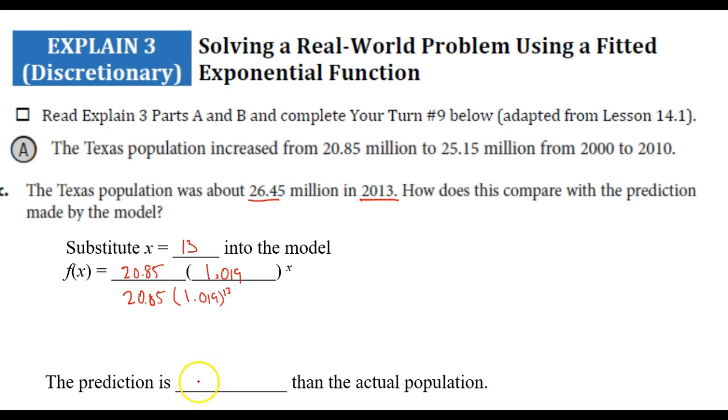And we would find that it would be about 26.63 million people here. So our prediction is a little off. In fact, let's go ahead and figure out how off it is. So it's a little off, but go ahead and figure out how much that would be.